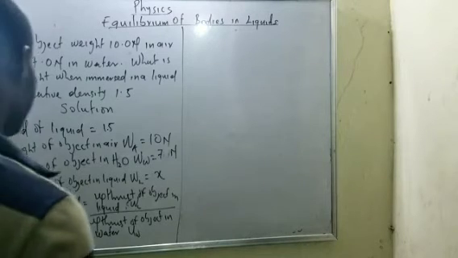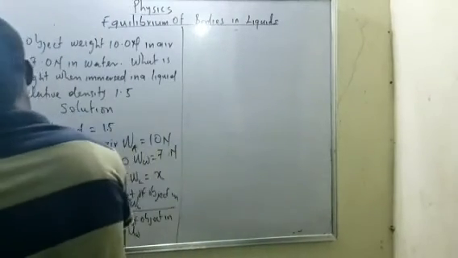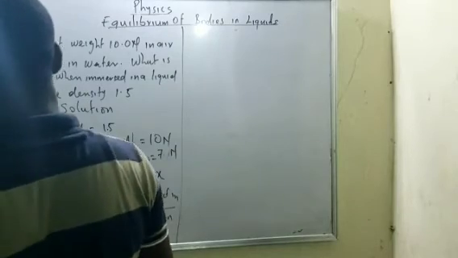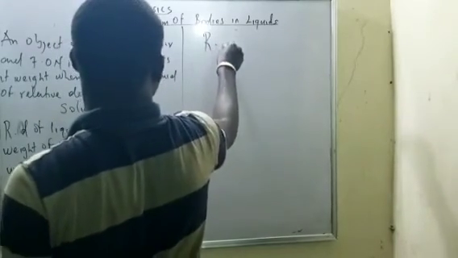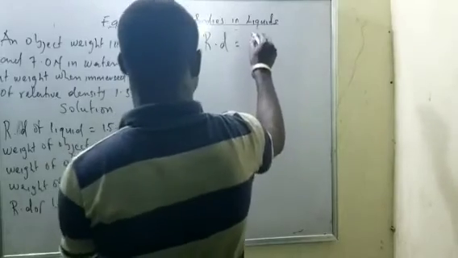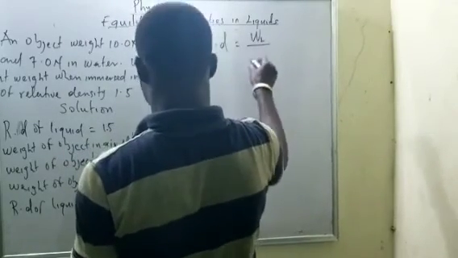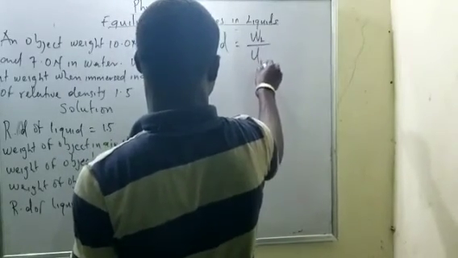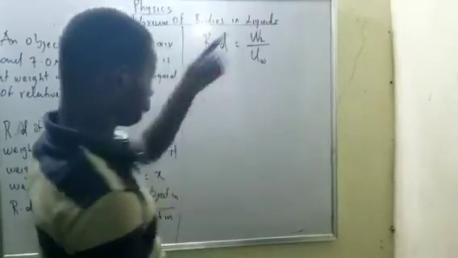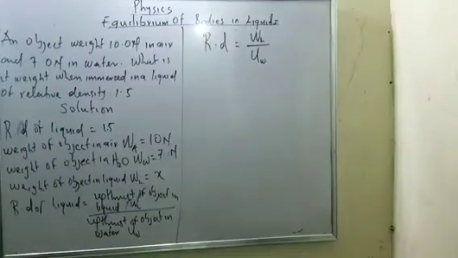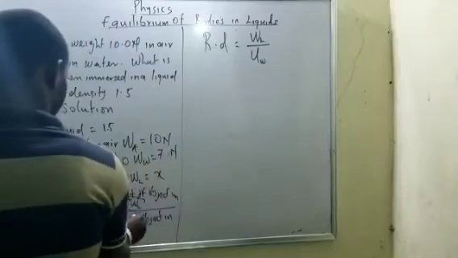Therefore, my relative density equals U of L divided by U of W.